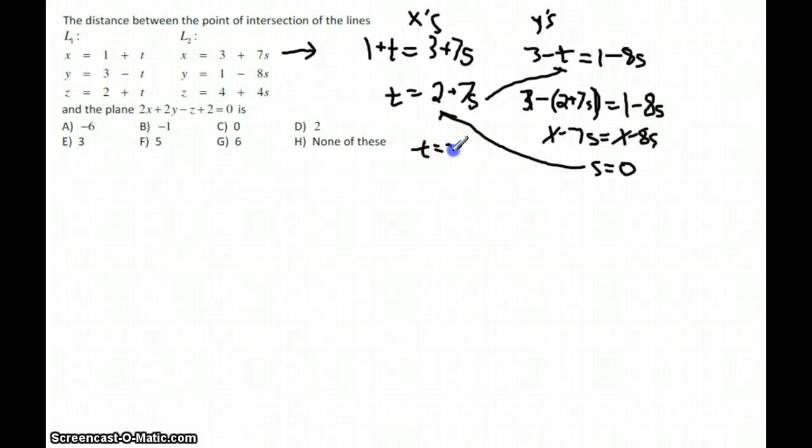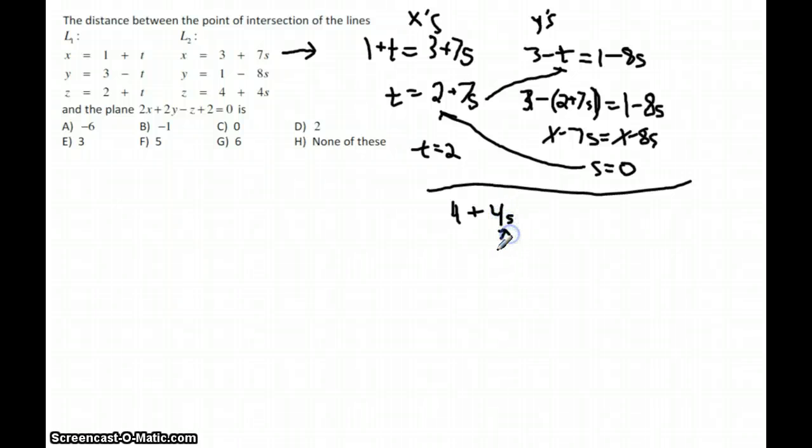Well, if it's a point of intersection, the z's also need to be the same. So we'll do a double check on the z's. For the z's, we have 4 plus 4s, with s being 0, needs to be the same as 2 plus t, with t being 2, and it is.